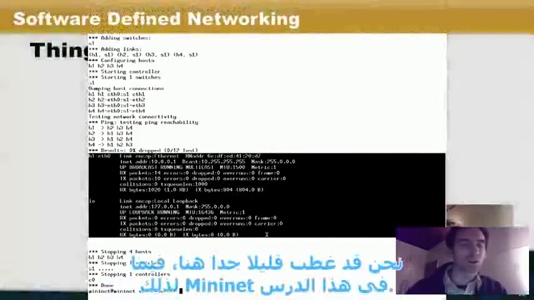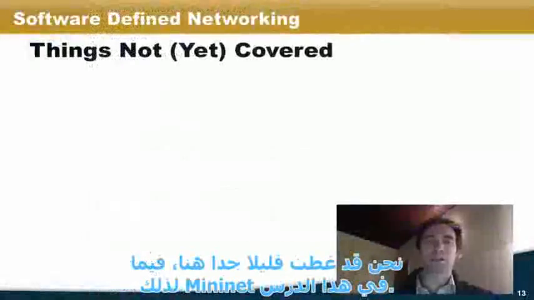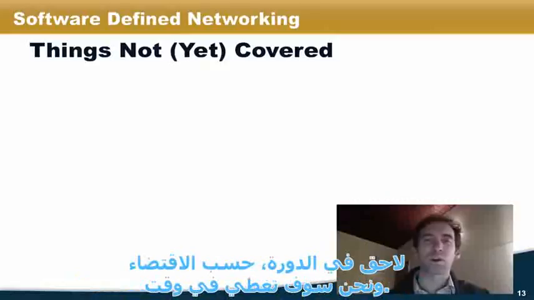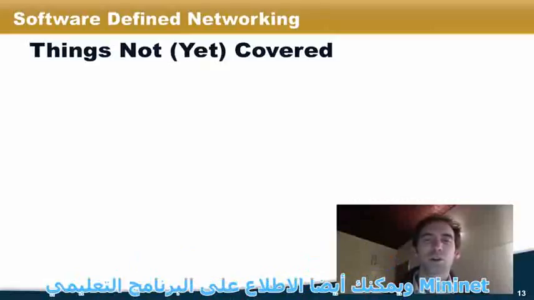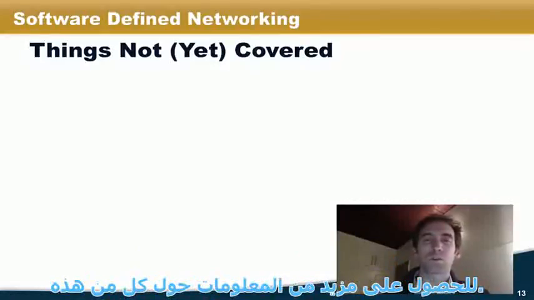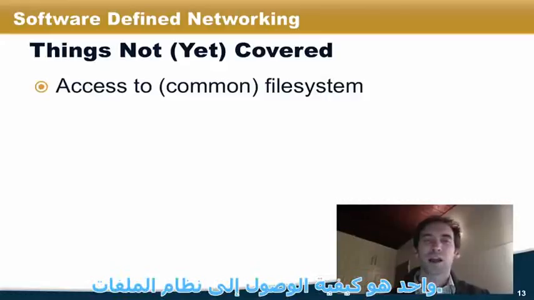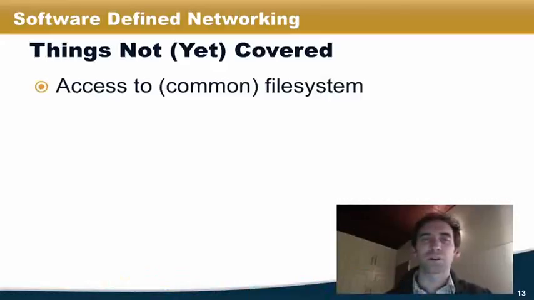So we have covered quite a bit right here concerning Mininet in this lesson, but there are several topics we have not yet covered, which we will cover later in the course as necessary, and you can also consult the Mininet tutorial to get more information about each of these. One is how to access the file system.